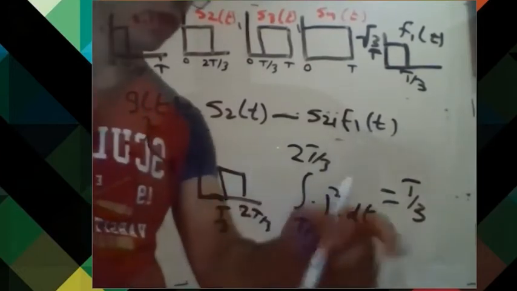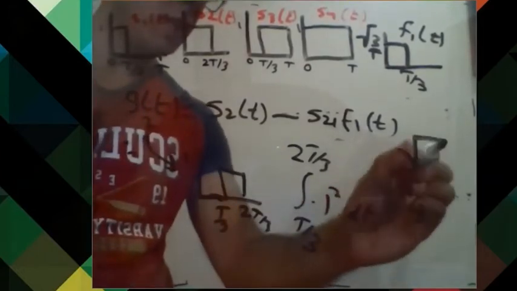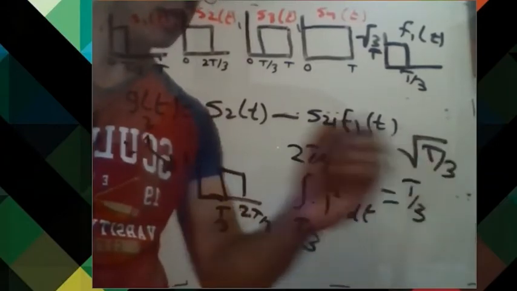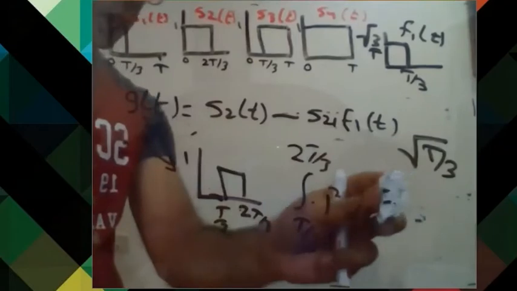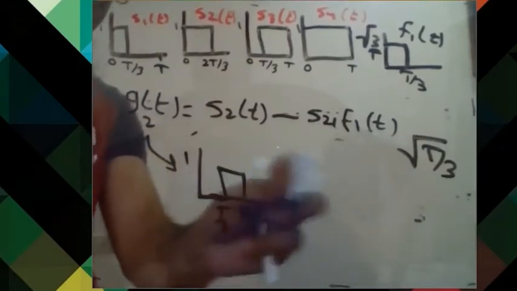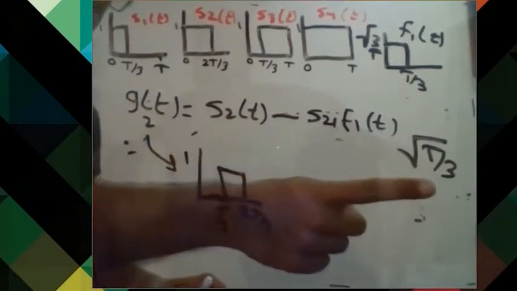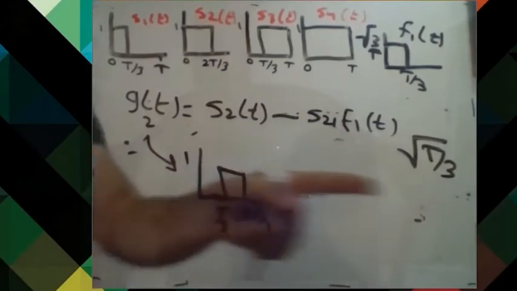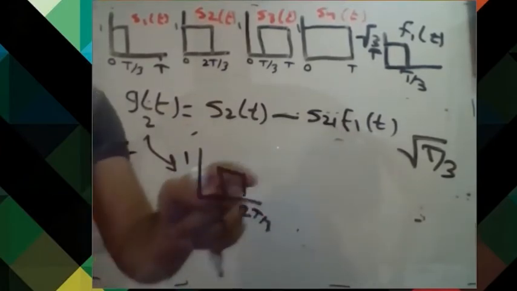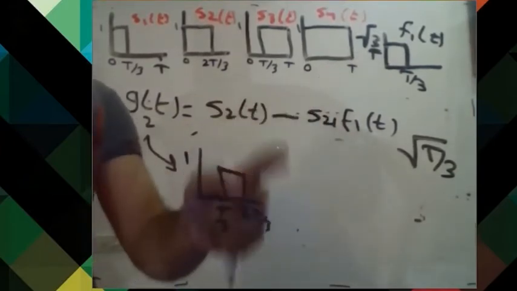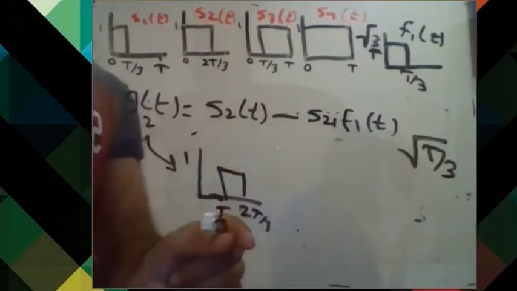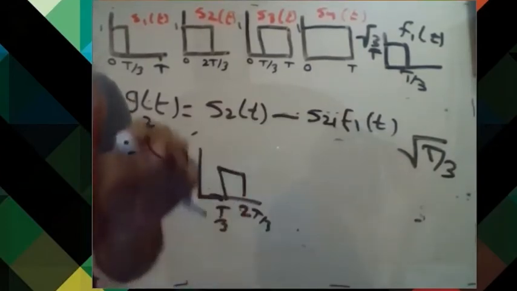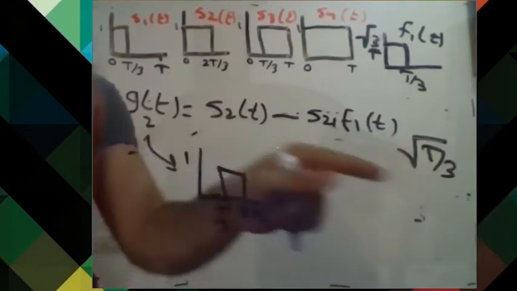I need to find the under root of the energy of the signal. Once I find it, I divide the signal by the under root of its energy. So I'll have a very similar looking signal, but the only difference is now it is from t by 3 up till 2t by 3, and the magnitude will be 1 divided by under root t by 3.